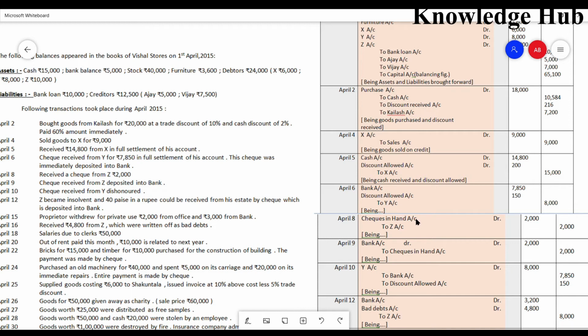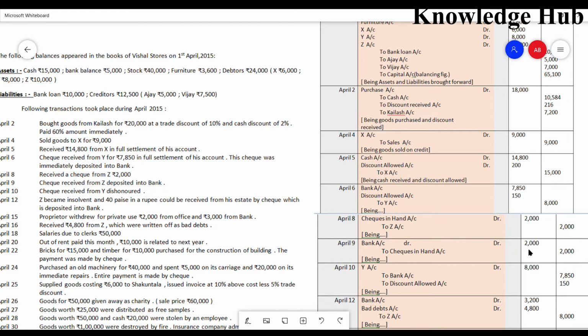Being a real account, what comes in is debited. And I have credited Z account. He is the giver. So I have credited Z account with rupees 2000. On a later date, on April 9th, what is said is I have deposited my check into the bank. So now actually this transaction takes place where I will debit my bank account.